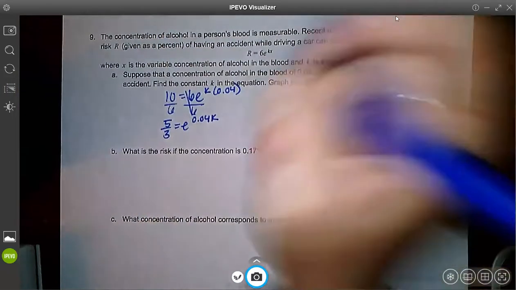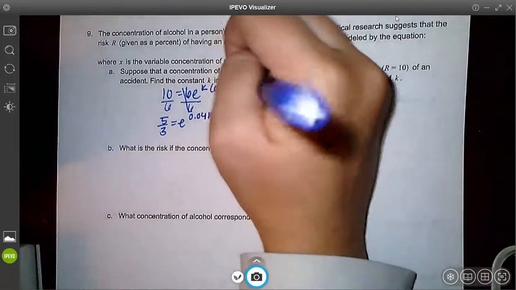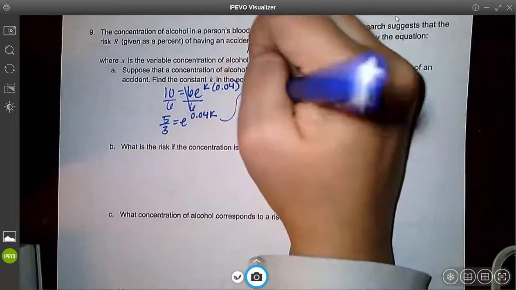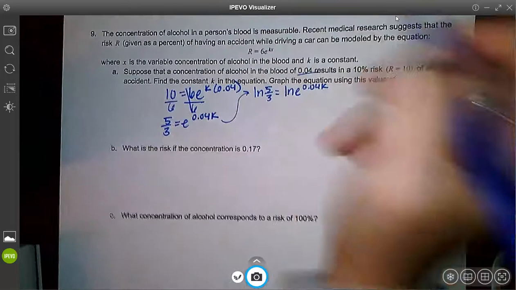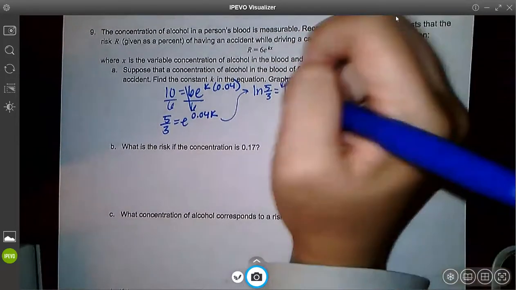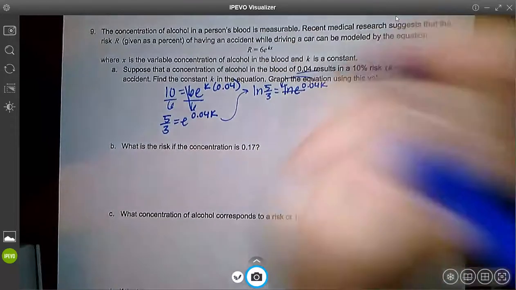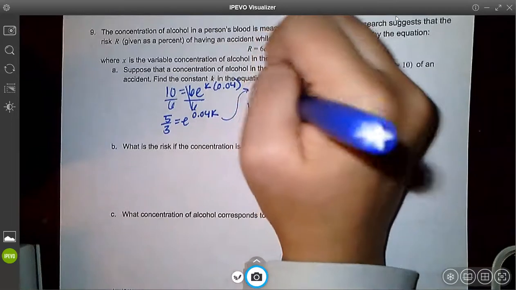Take the natural log of both sides like we did in the question above. So we have the natural log of 5 thirds equals the natural log of e to the 0.04 k power. Bring these out front as a coefficient using the power rule, and natural log of e cancels out. So the natural log of 5 thirds equals 0.04 k.